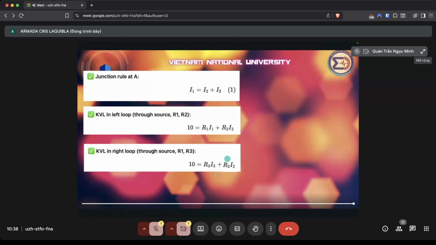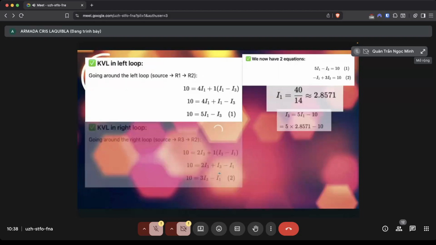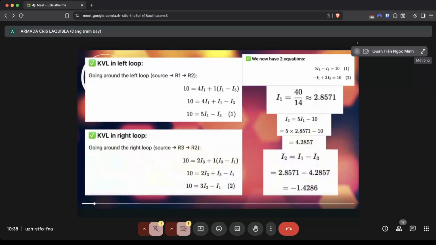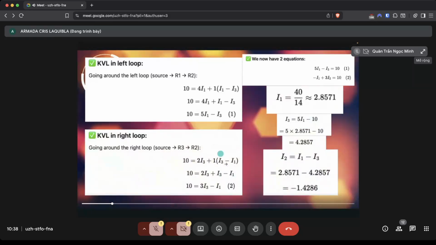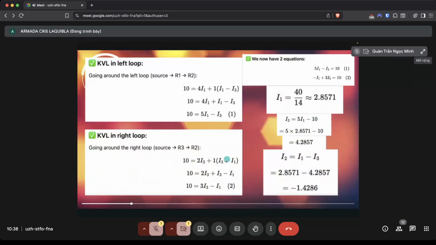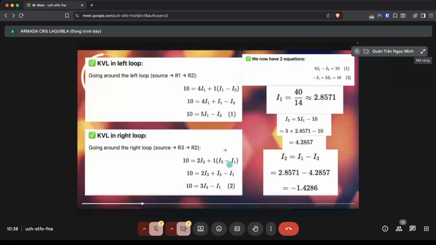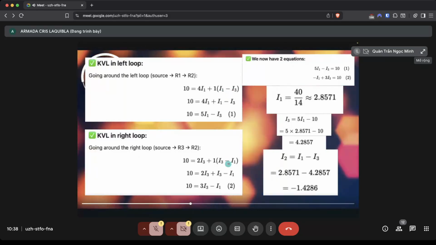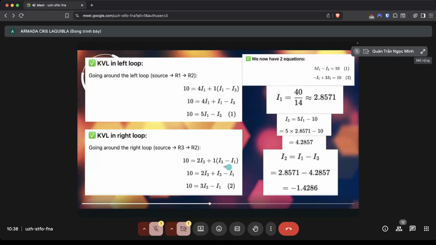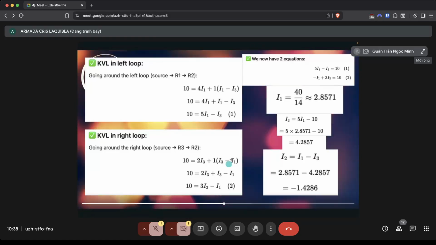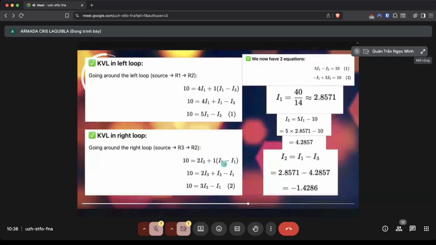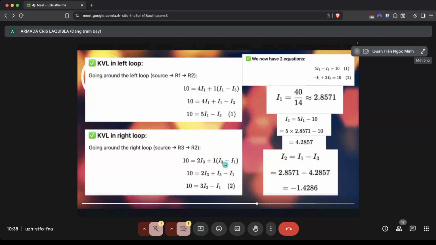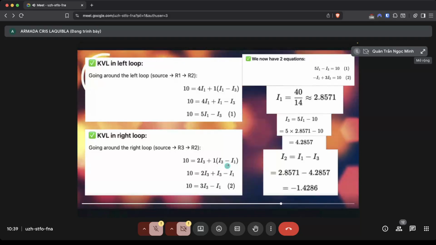Why did I use plus there? Because I will interchange the current I2. As you can see here, I2 is equal to I1 minus I3, right? And look at the right loop, I make it I3 minus I1. I change the I2 here to I3 minus I1 because this is the negative version of the current I2.